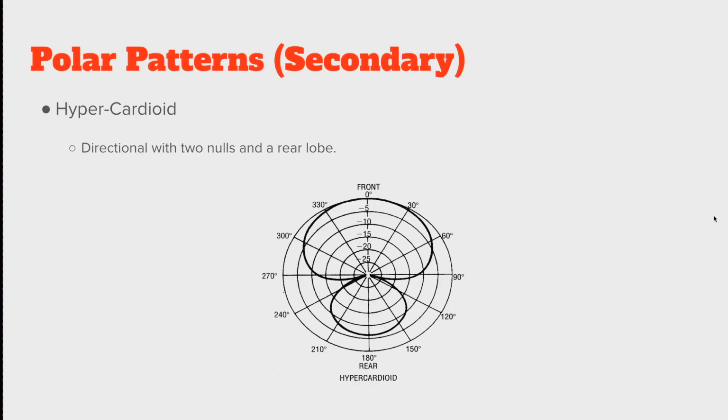So here we see a couple of secondary patterns, and we call these secondary patterns because they're sort of the result of combining some of the previous patterns that we've seen. So this kind of looks like a bidirectional mic, but we've shrunk the rear lobe. And in doing so, we shifted those nulls from 90 and 270 degrees out a little bit wider when looked at from the front.